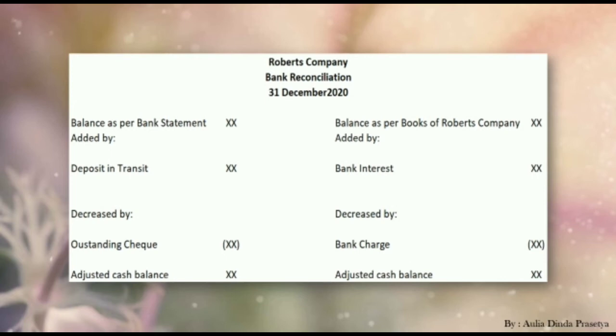So, bank needs to decrease the amount to their account. So, we will know the adjusted cash balance.